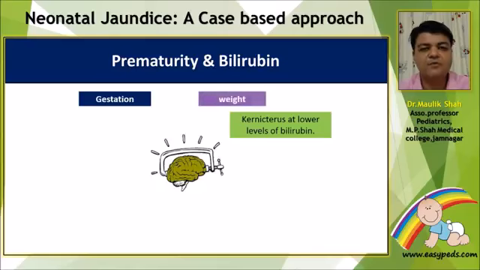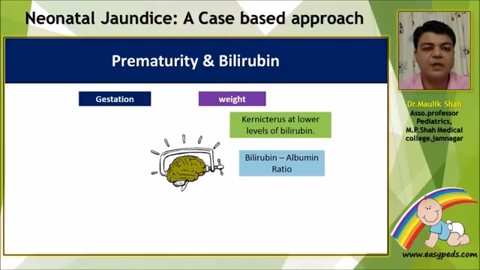However, most of the bilirubin charts are based upon the weight. AAP now also states that the bilirubin albumin ratio also needs to be looked at while managing a premature newborn with bilirubin.